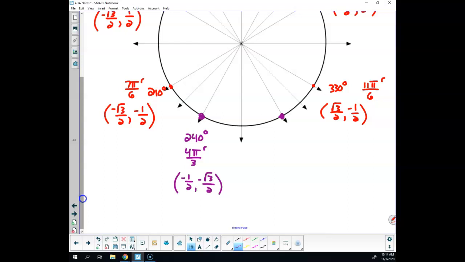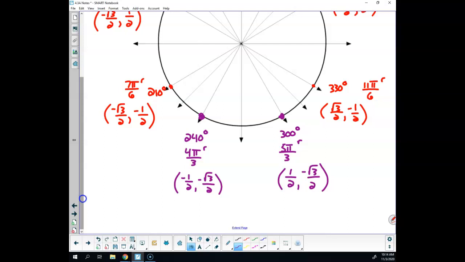Add 60 more degrees, 300 degrees, 5 pi over 3 radians, positive 1/2, negative square root of 3 over 2.